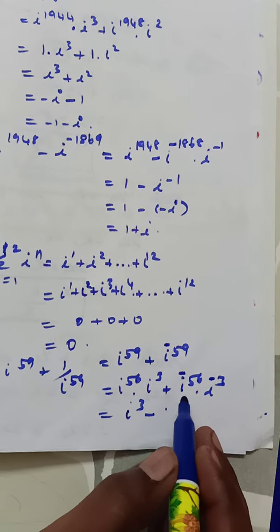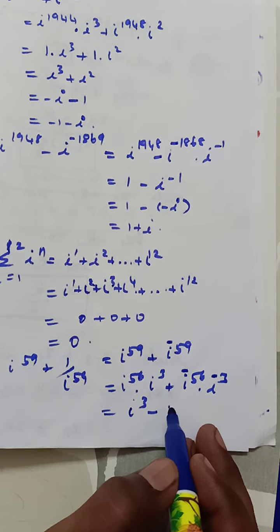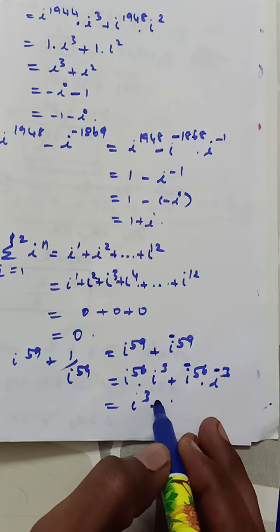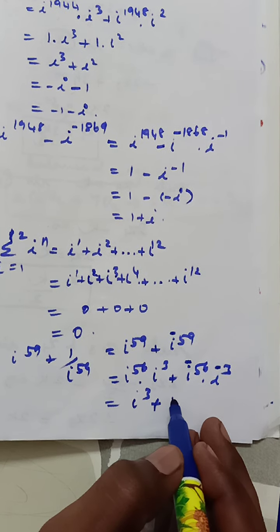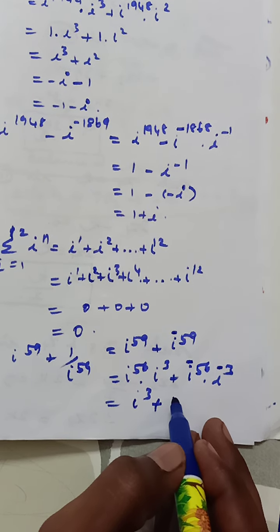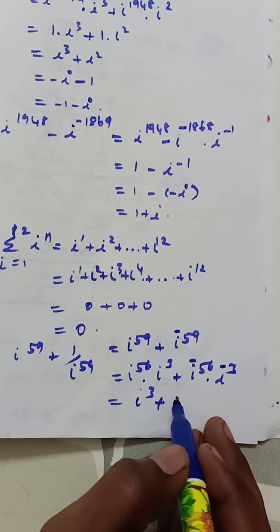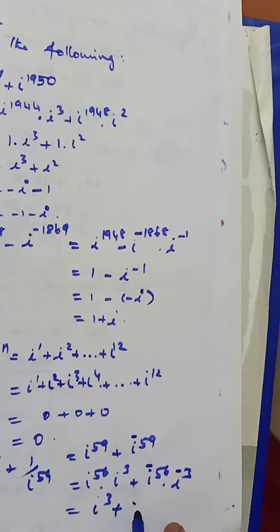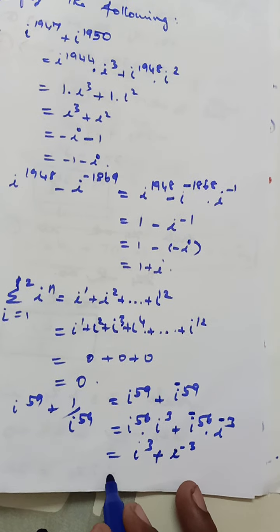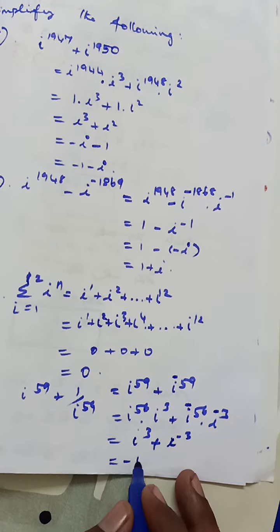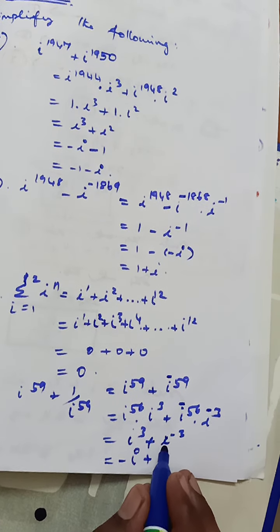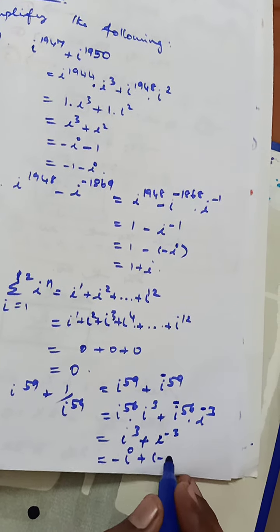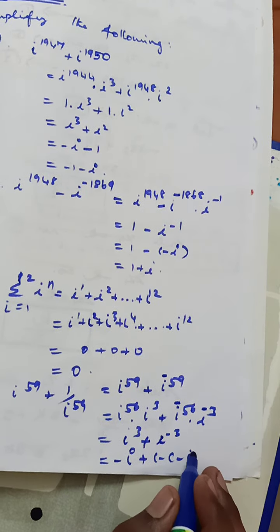Okay, so the value of i⁻⁵⁶ is +1, and this again plus i⁻³. So i³ is −i and i⁻³ is −(−i).